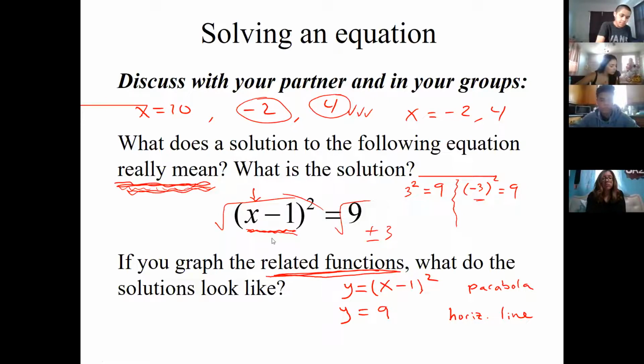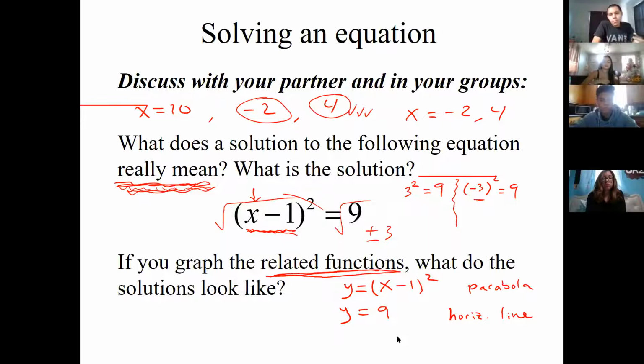So where does this parabola, (x minus 1) squared, intersect the graph of this horizontal line, y equals 9? Well, the x values where they intersected were negative 2 and 4, right? And if you substitute, you get 9.